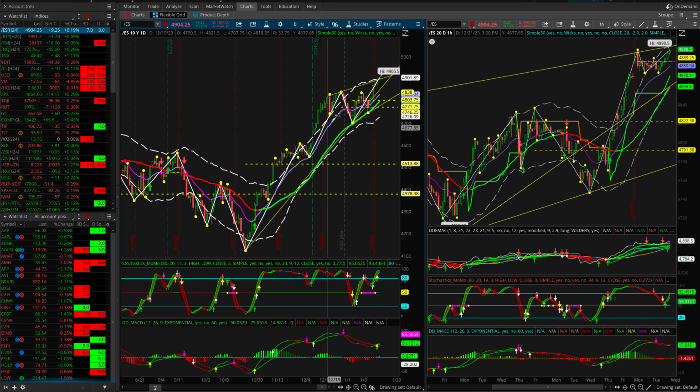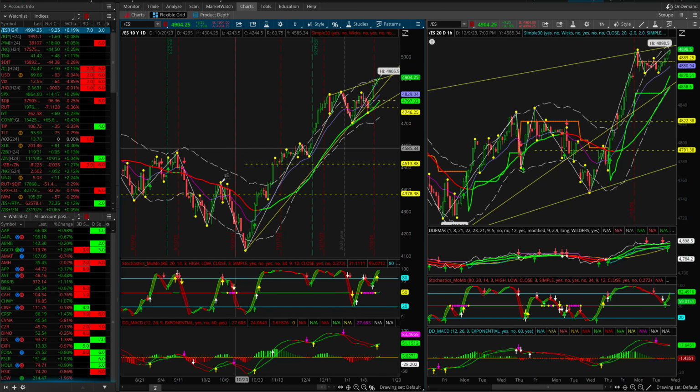So I'm also, the purple line here. We've got the zigzag, which I could take off, but it really is important. And then the yellow dots, those are the pivots. So they're showing higher highs and higher lows. I could make the pivots, the highs, one color, and I could make the lows different colors.